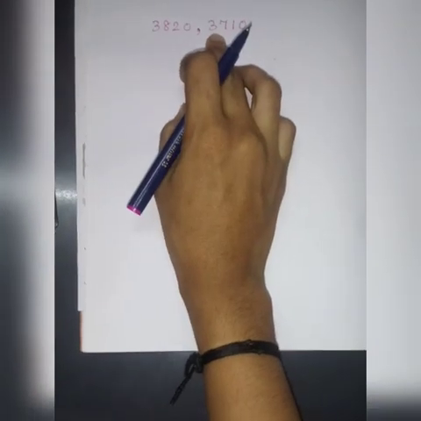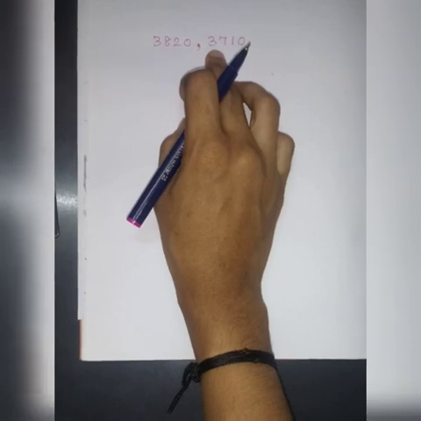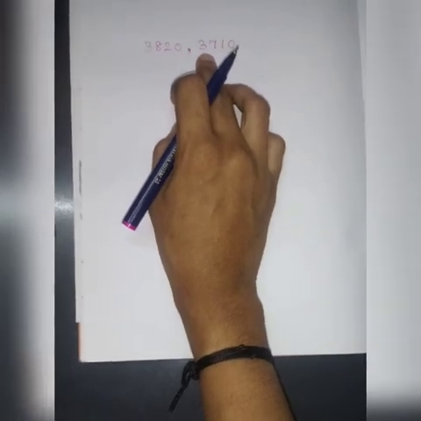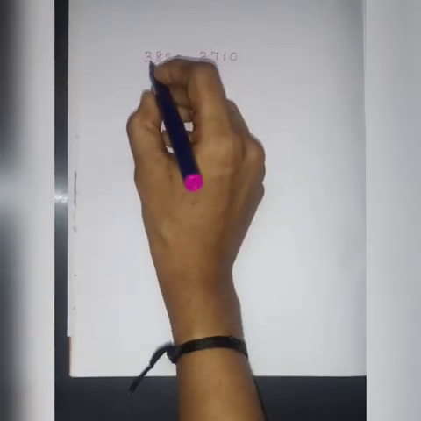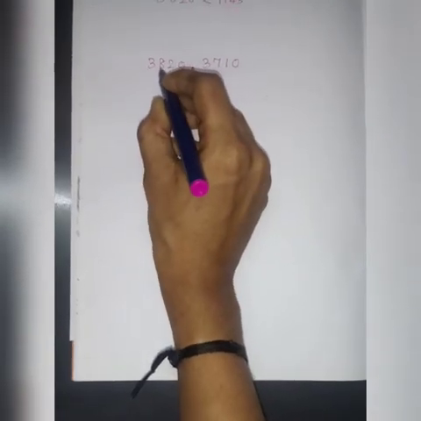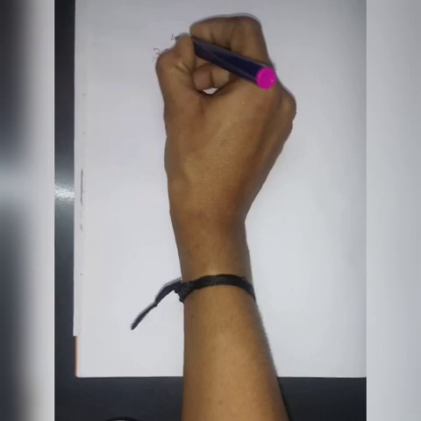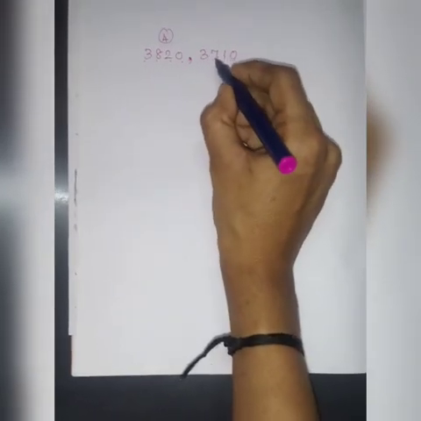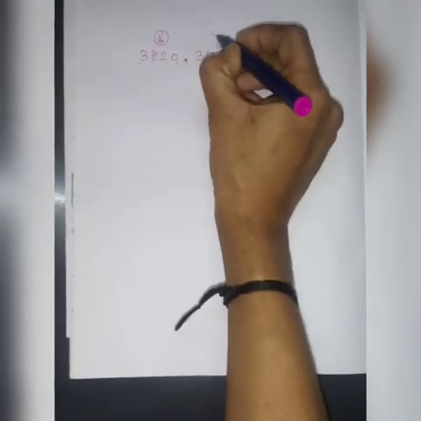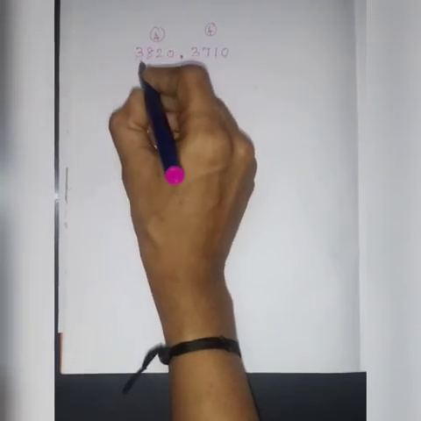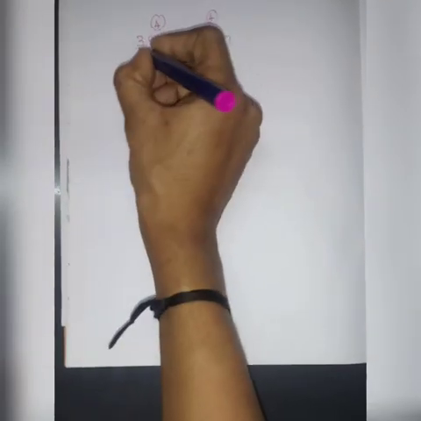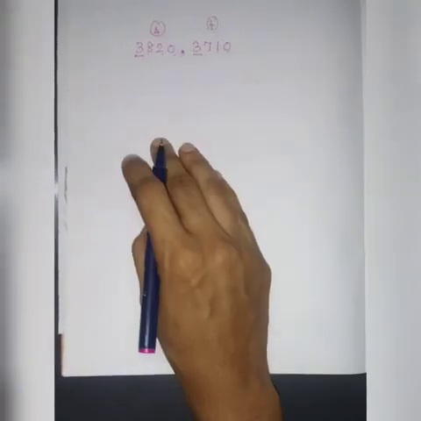These are the two numbers. First, we have to compare how many digits are there. 1, 2, 3, 4. Here also 1, 2, 3, 4. Since both have the same number of digits, you go from the left side. The first digit, you compare it.